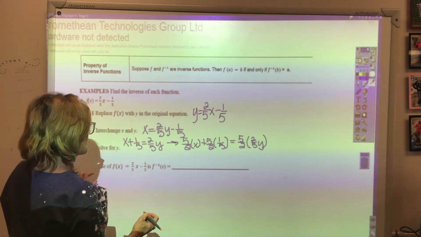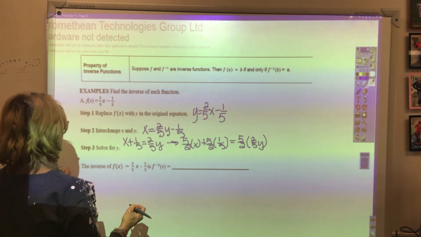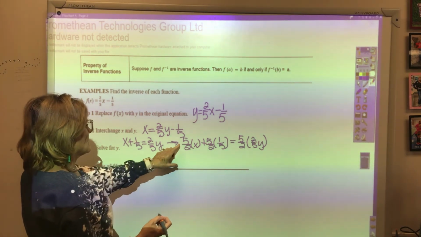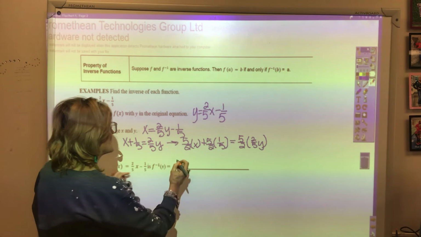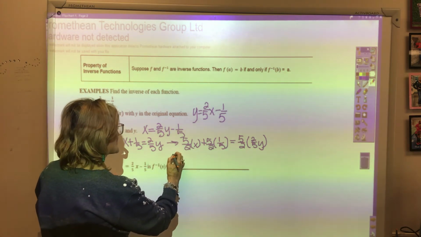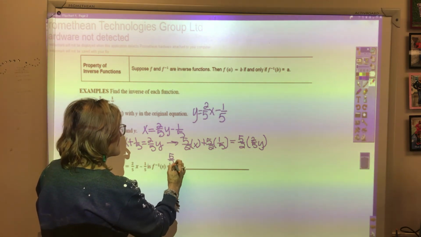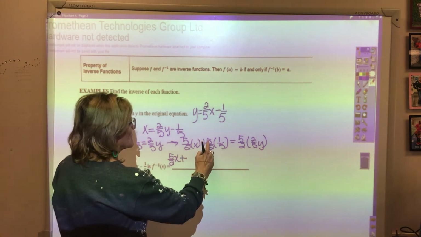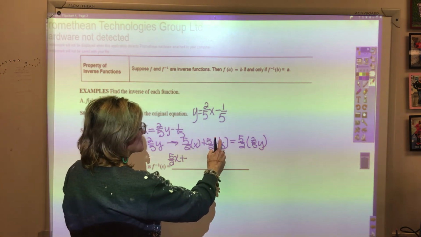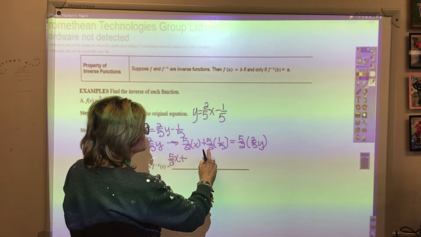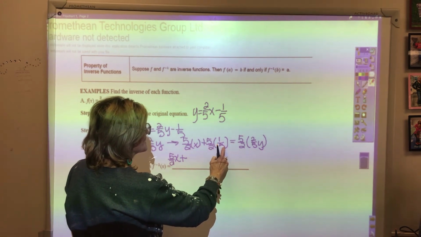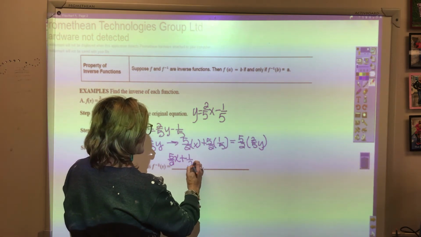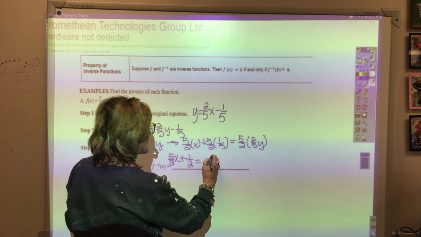All right, so this simplifies as 5 halves x plus 5 times 1 is 5, 2 times 5 is 10, 5/10 is plus 1/2 equals y.